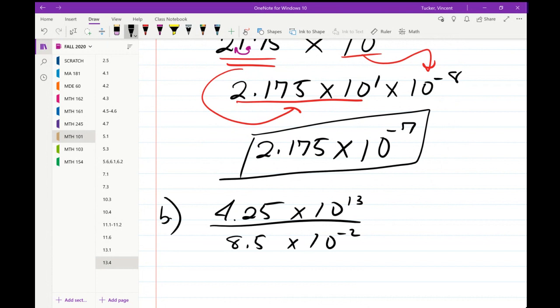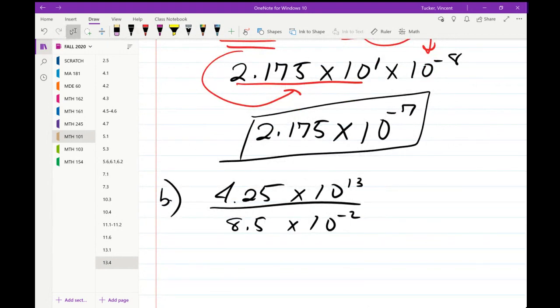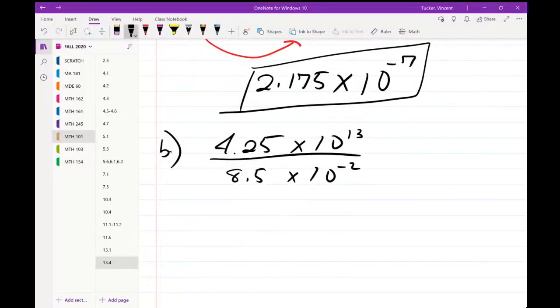All right, so here we have 4.25 times 10 to the 13th divided by 8.5 times 10 to the negative second. So once again, we're going to separate our calculations.